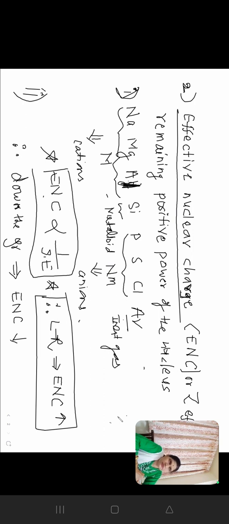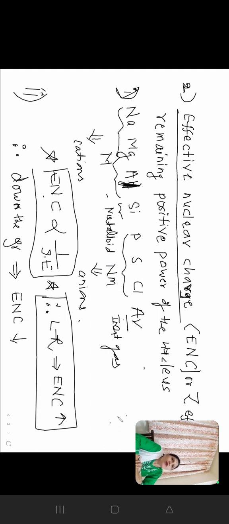So the force of attraction increases, but along with the increase in the atomic number, new shells are also added, and the distance between nucleus and valence shell increases. Hence, the impact of nuclear charge on the electron decreases, and hence the screening effect increases. Right.